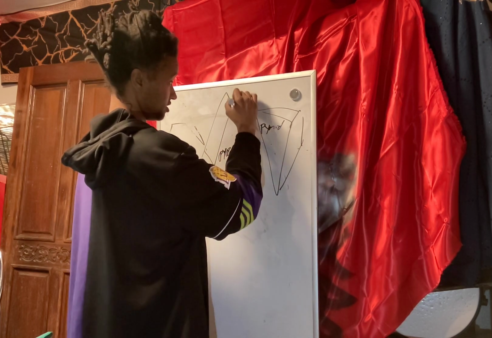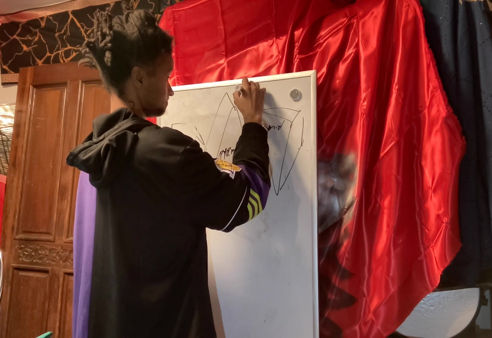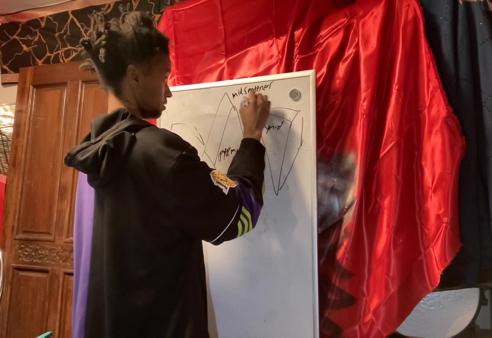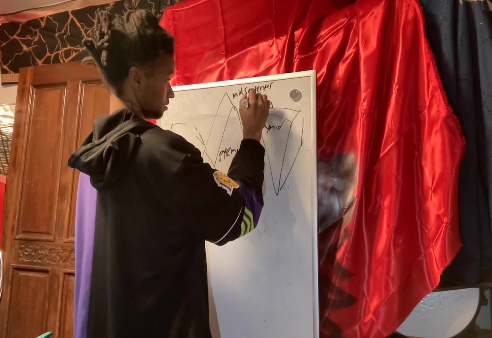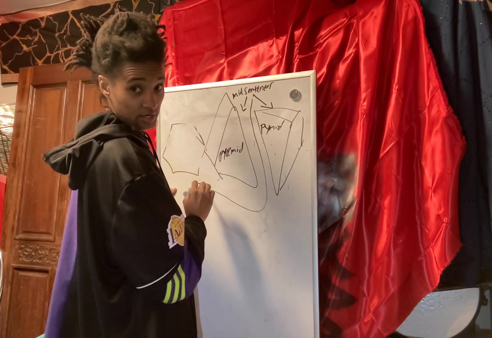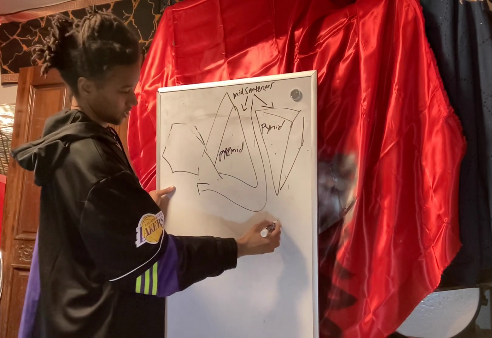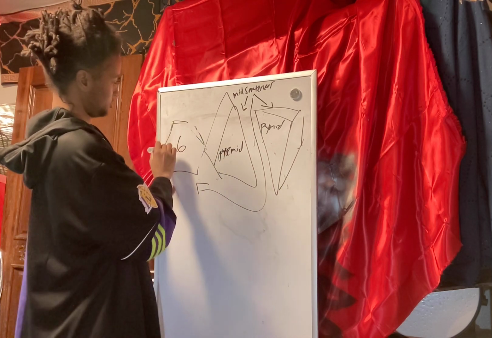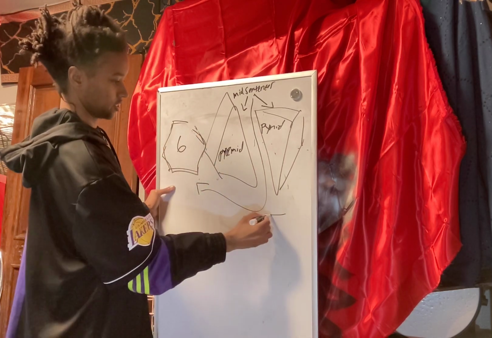Right within the mid sentences. We got the hexagon and we got the pentagon. Hexagon got 6 sides. 1, 2, 3, 4, 5, 6. The pentagon got 5.